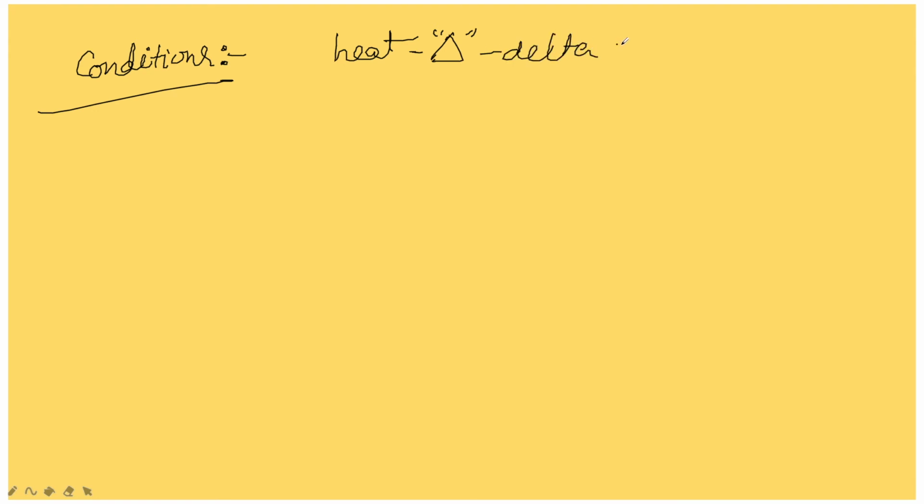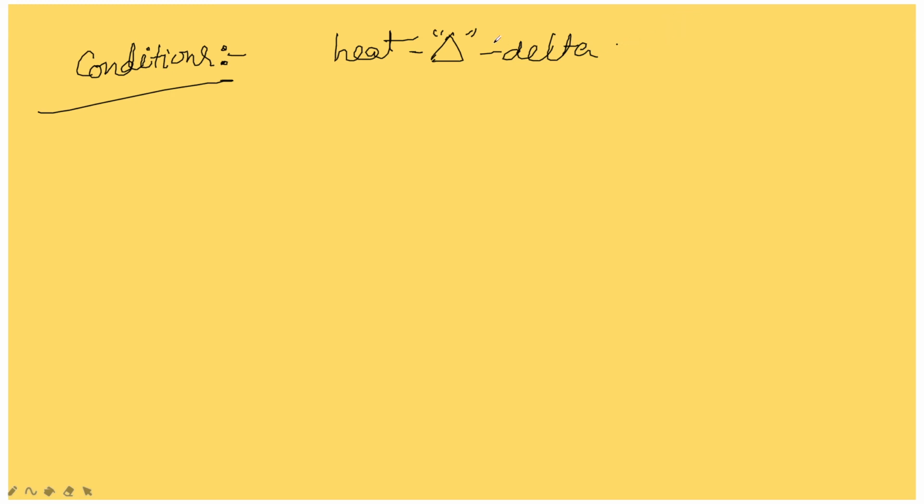To make equations more informative, one is the physical state of the substance, whether solid, liquid or gas. Second is how the heat changes, based on which the reaction is exothermic or endothermic. And the third is the conditions under which the reaction takes place, whether in the presence of a catalyst. If heat is required for a reaction, we show it with a delta symbol.